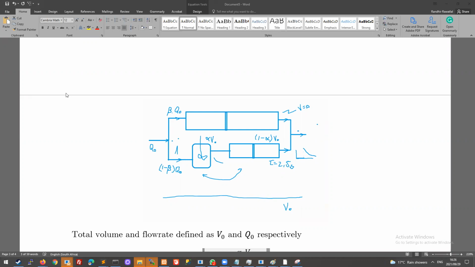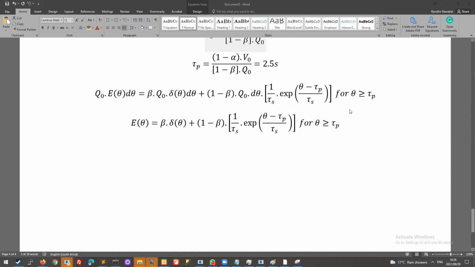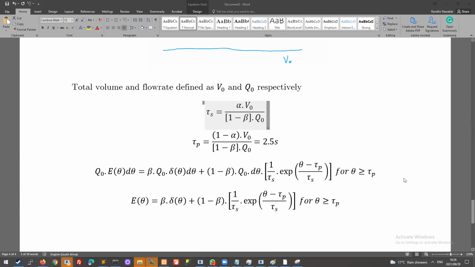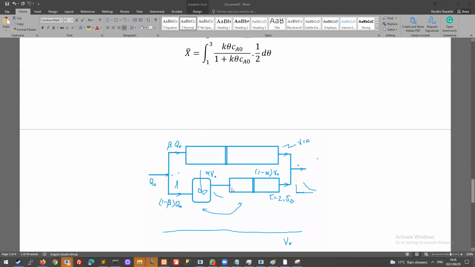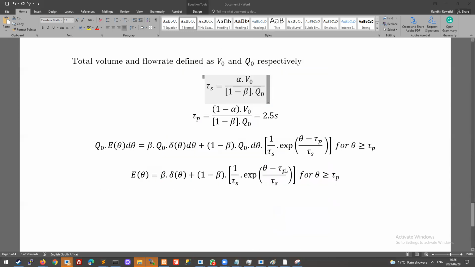Sorry about that. So we are just trying to finish this equation because we said for when theta is more than tau p, then we include this. We know that when theta is less than tau p, we are still in delay. So this won't have appeared as yet.